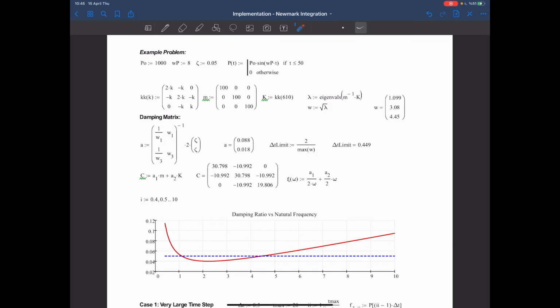So between these two, my damping ratio changes between 4 to 5%.